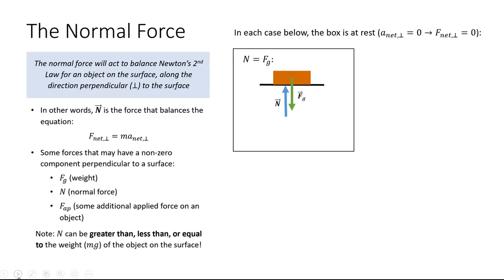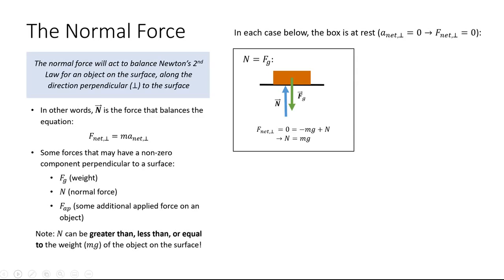Okay, so here's my first example. The box is sitting on a horizontal surface, so the direction perpendicular to the surface would be the conventional y direction. Now if I want to think about the sum of the forces acting in the direction perpendicular to the surface, I would have the force of gravity pulling down on the box, so that's in the minus y direction, so I would use minus mg for that. And then I would also have the normal force, which we know is always perpendicular to the surface.